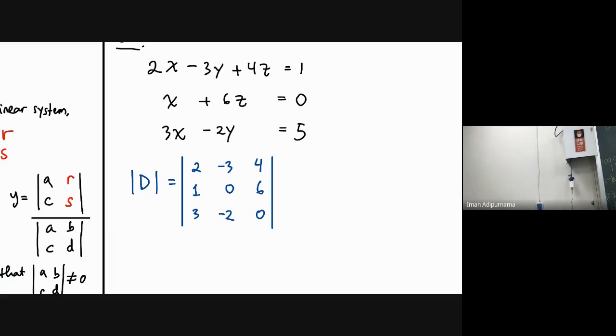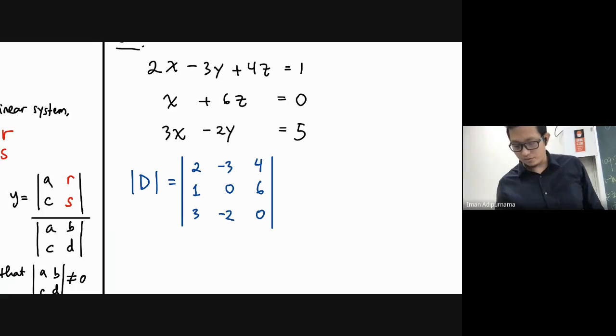And find the determinant. You can use this way and then plus plus plus, or the way that I did before. You just write the 2, 1, 3, -3, 0, -2.